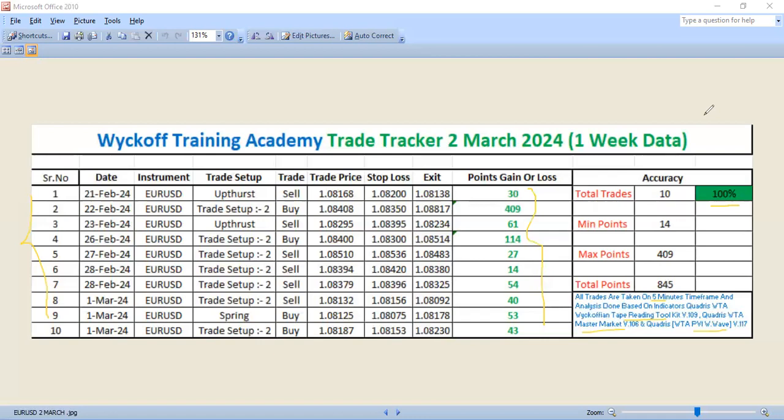It helps us, one, to understand and keep track of the trades and what works and what doesn't, and what needs to be paid attention to and what needs to be improvised. So without wasting any time, we'll jump directly to the chart and try and understand the trades that we got.